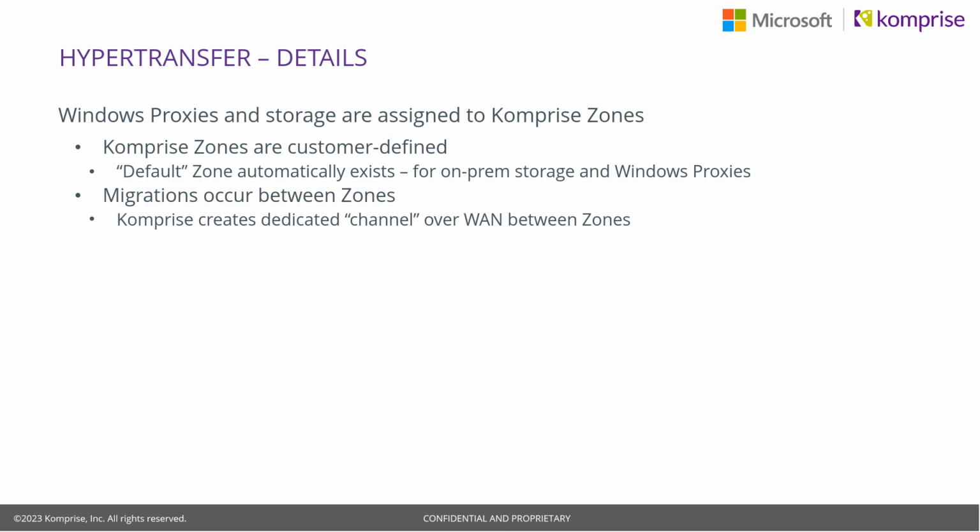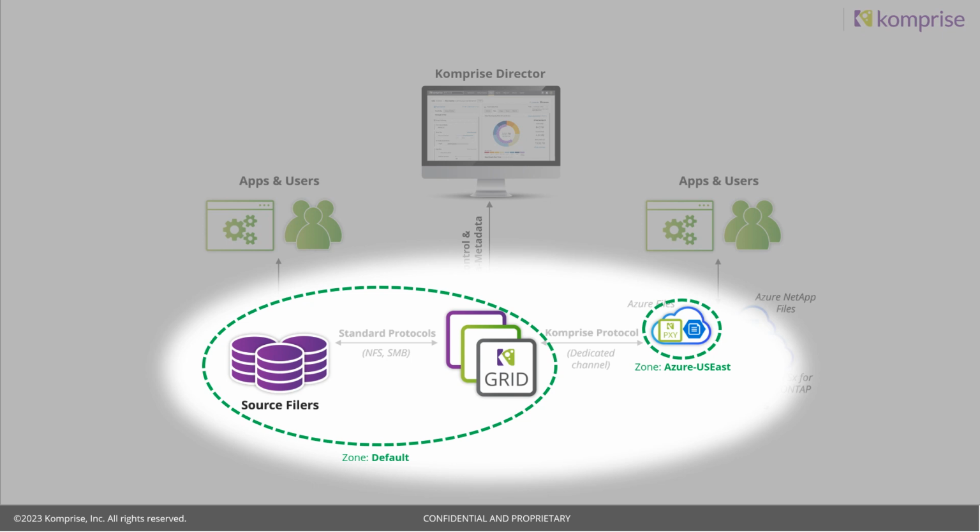So going back to the diagram, the way this looks, you've got this big oval on the left. This is your default zone. This is automatically set up by Komprise. You can see it comprises, no pun intended, your source file storage as well as the on-premises Komprise grid.